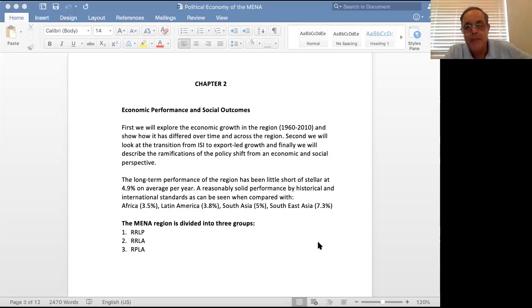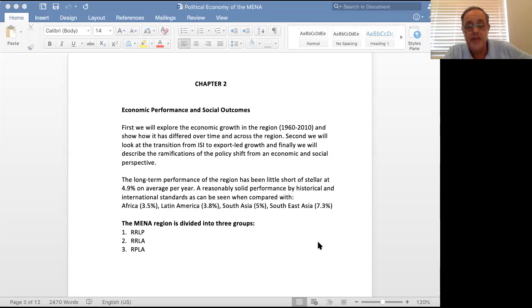So you're talking about from 1960 to maybe 1975, 1980, somewhere around there, you had the first phase of development, which is usually referred to as the ISI, import substitution industrialization.